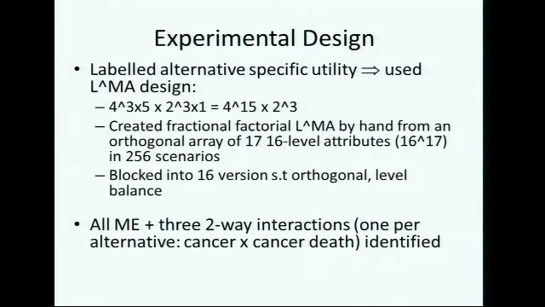So we created a fractional factorial L to the MA by hand. I started with an orthogonal array containing 17 16-level attributes. From that, I used 3 of them to generate 6 attributes that were involved in the interactions, and then used I think another 9 for the rest of the 4-level attributes.